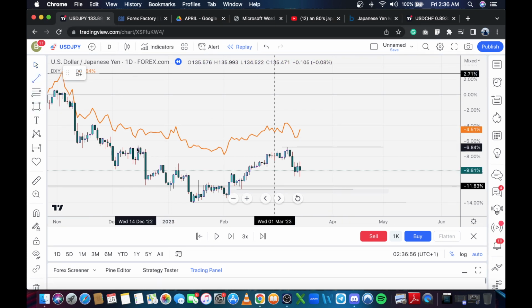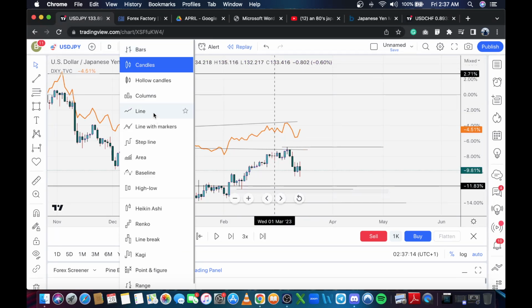If you look at price on a closing basis, dollar yen runs lower, while dollar itself runs higher. So if you don't understand what I mean by closing basis, just simply go to your line chart.